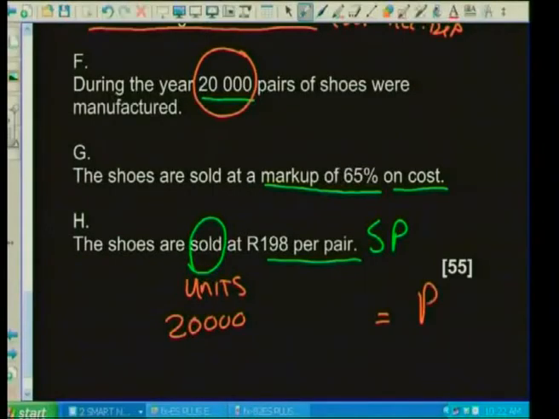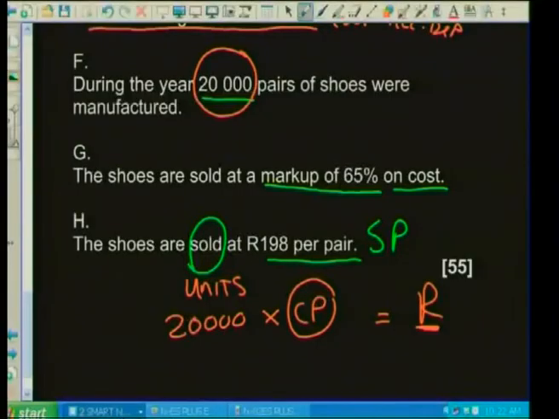I'm trying to calculate the actual cost, the Rand value. So if I take my units and I multiply this by my cost price, in other words, what did it cost me to manufacture one pair of shoes, I will then get my total cost of my finished goods, the total cost of shoes that were manufactured.